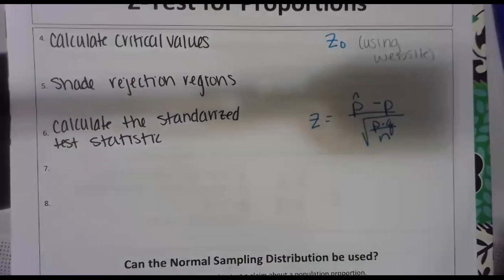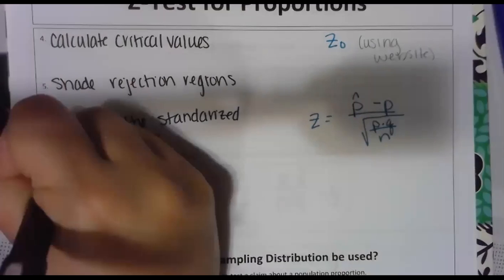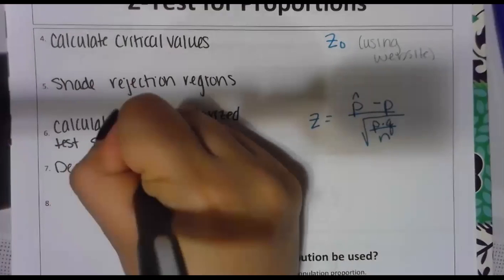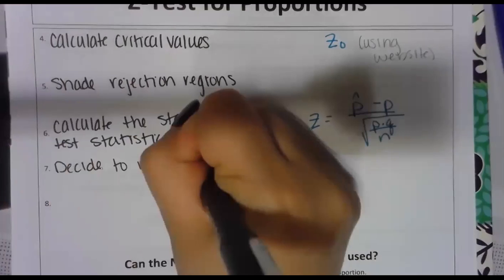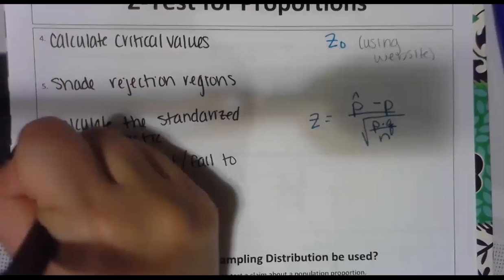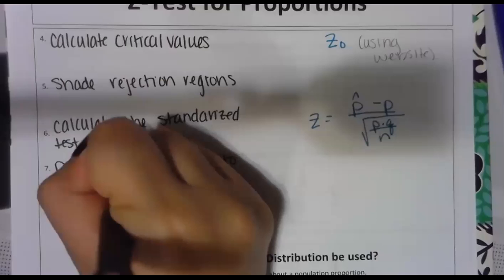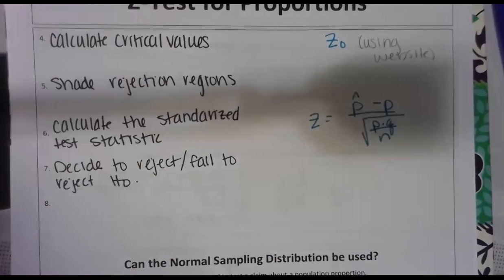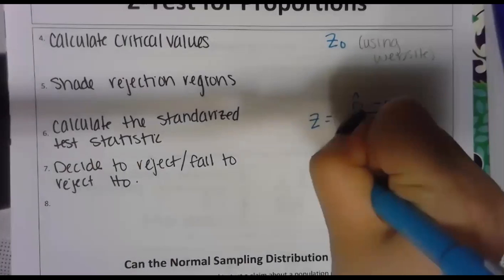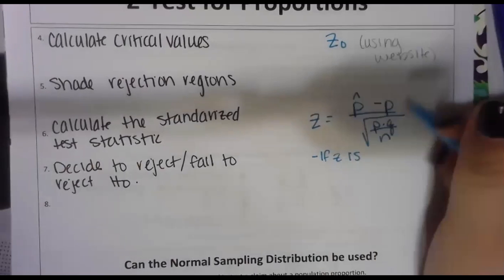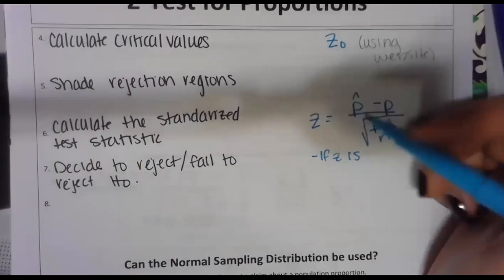And then your 7th step is you're going to decide to reject or fail to reject your null hypothesis. And sometimes your claim is not always your null hypothesis. So remember, once you find your z value, you go and you put it on your graph.